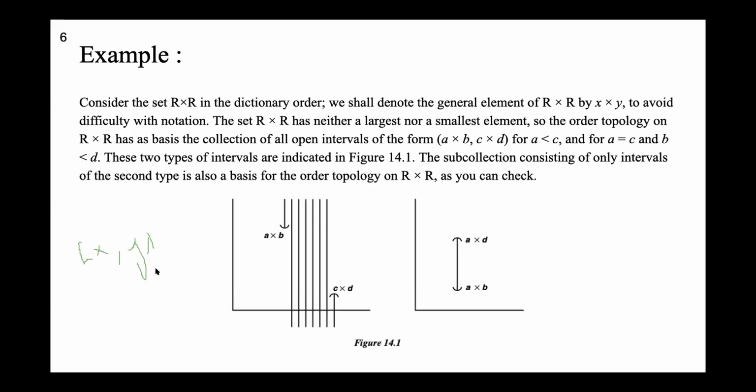Basically, we can take intervals that look like x plus (1/2)^k, y, and keep on making this k bigger and bigger and taking the union of all such intervals.